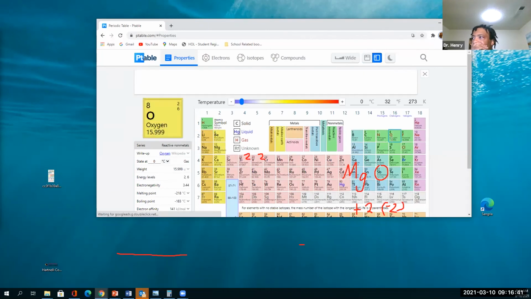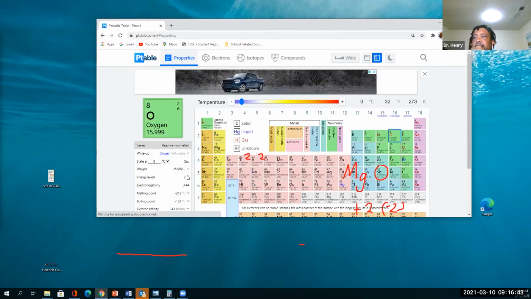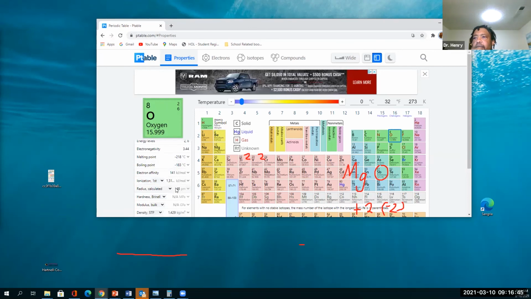Okay, so we had oxygen. Okay, so we have 48. And then magnesium is 145. So we'd add those two together, 48 plus 145. And then that's going to give you your value.